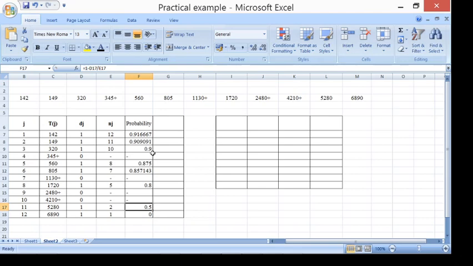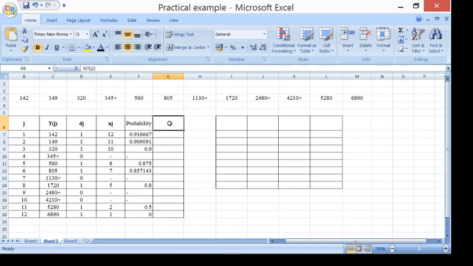And therefore this is a conditional probability. If I want to calculate the survival probability at time point 560, then it will be the probability that I will go beyond 560 provided I was alive just prior to 560, multiplied by the probability of being alive just prior to the time point 560.